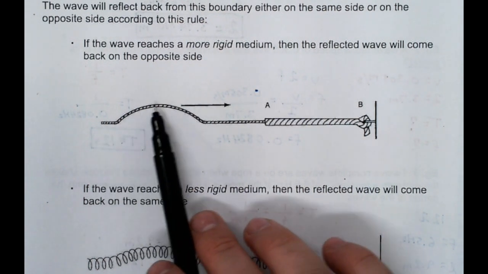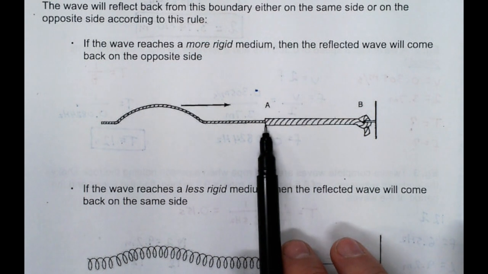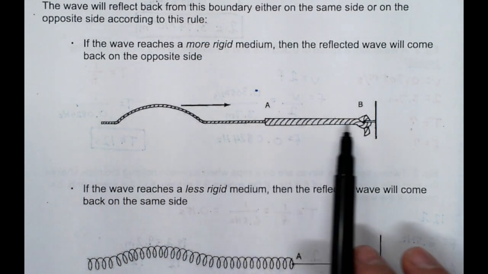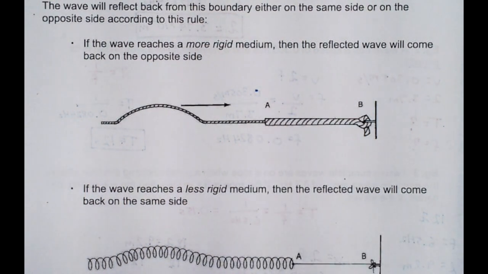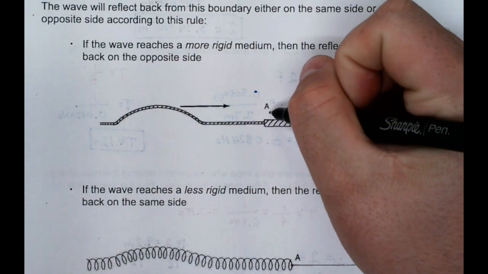As it's moving, some of the wave will continue on, going in the same direction. What we call this is the transmitted wave.